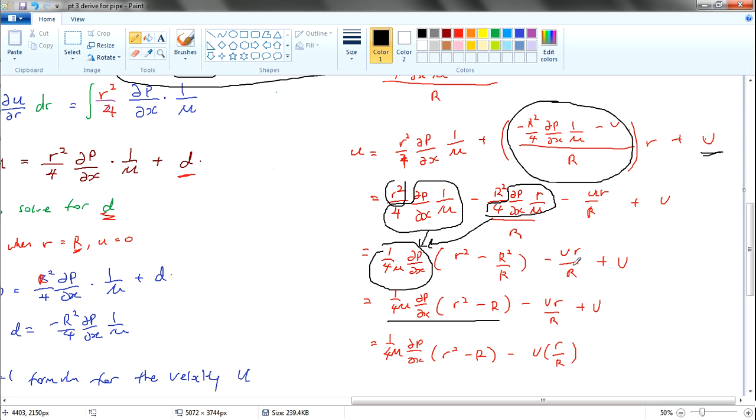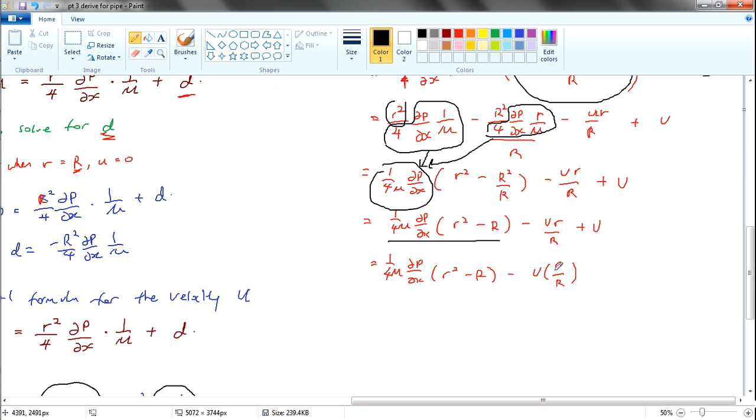And then this is minus Ur over R. All the ways the same. And then this portion here, since we have a common term, you can factorize out the U, and you have what do we have? Oh yeah, I have my mistake. Lucky I go through. Yeah, we have like that, right? U and R over R plus 1.